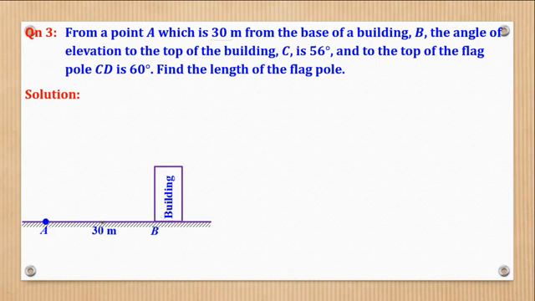Okay, then they talked about this angle of elevation, which is from this point to the top of the building. So I'll come and draw a straight line, then I'll put my angle of elevation of 56. Then they talked about a flagpole CD.